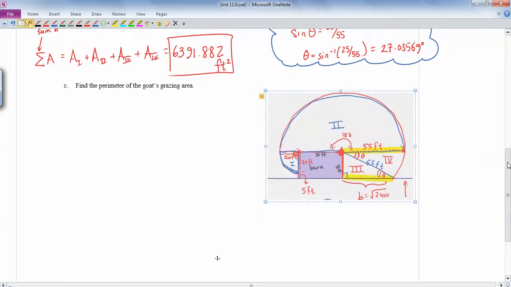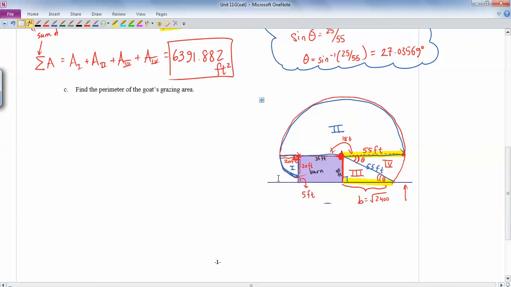So part C says, find the perimeter of the grazing area. So the perimeter, I'll highlight it in green here. The grazing area that the goat can reach, it's all of this along here. So it's all of the boundary plus this part, plus this part, plus this part, plus that part. Okay, so it's that green outline there.